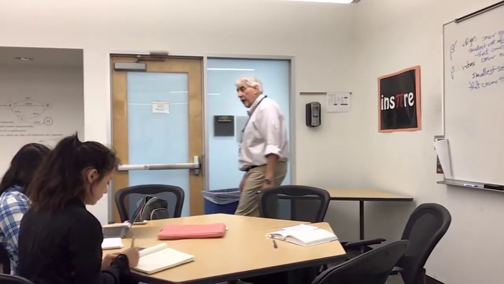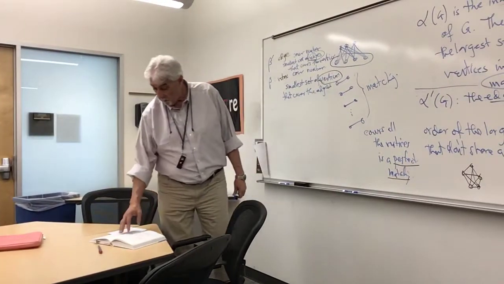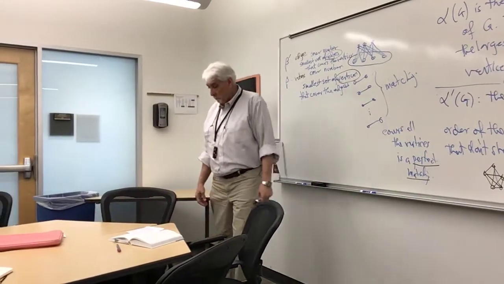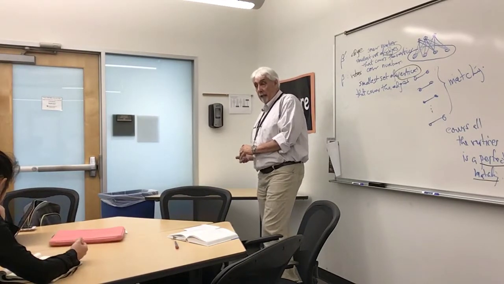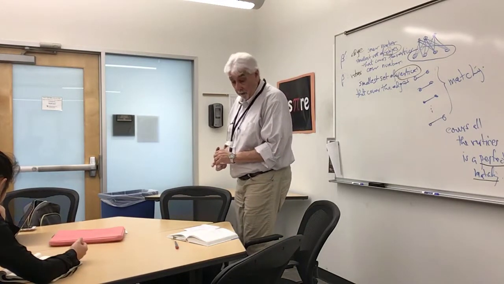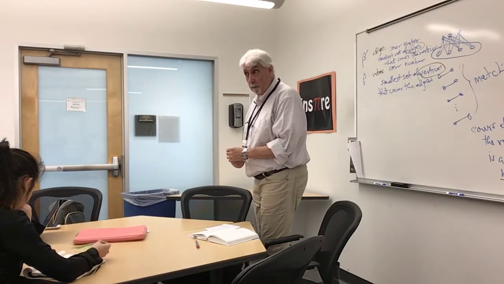Maybe we should start with just A and B. I'll let you know that A should be pretty simple: the largest value of the independence number of a tree.